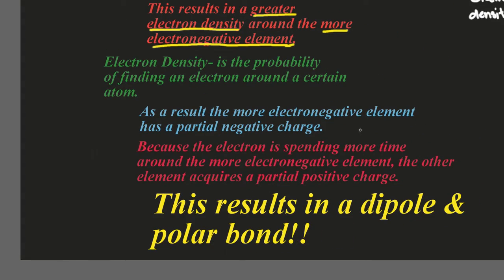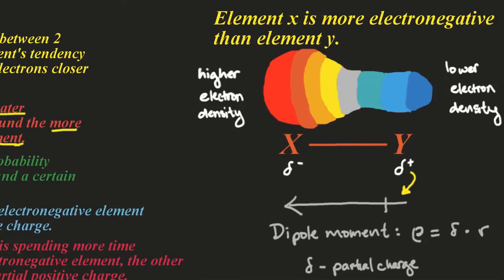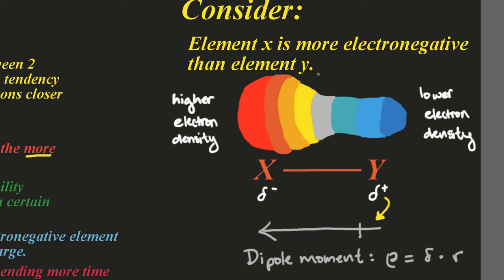All right, so we already discussed that there's a negative charge and then a partial positive charge for the other element that's not as electronegative, and it results in a dipole and a polar bond. Okay, so I've already drawn this for you.